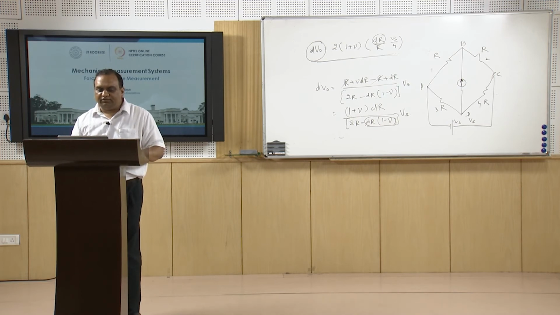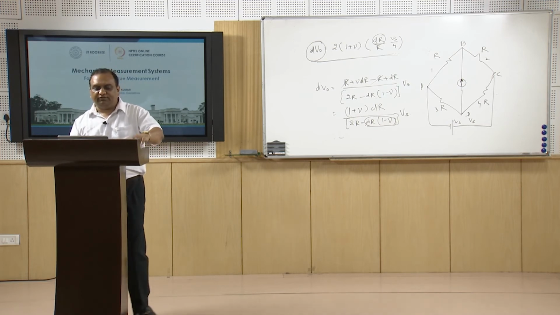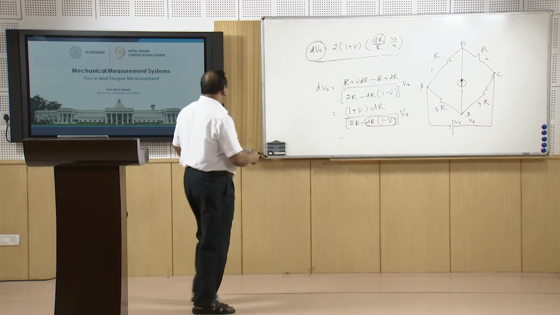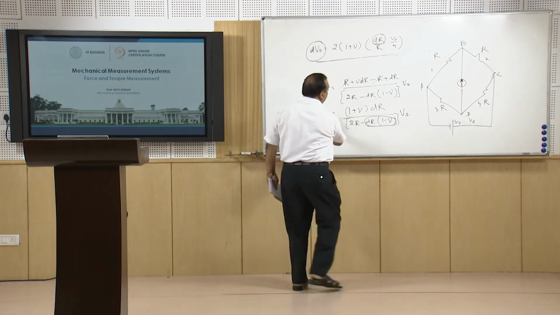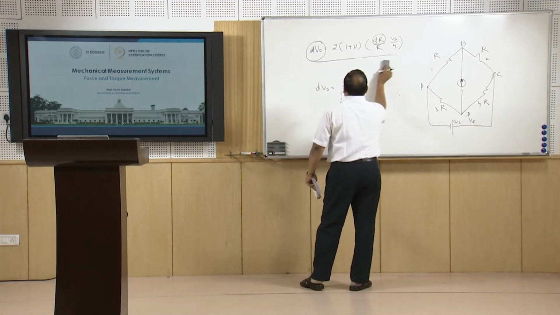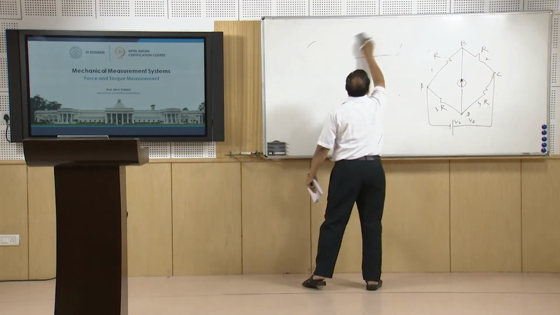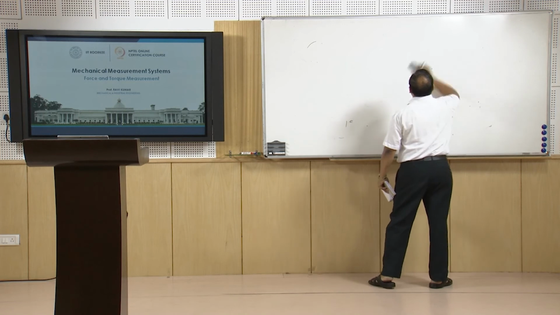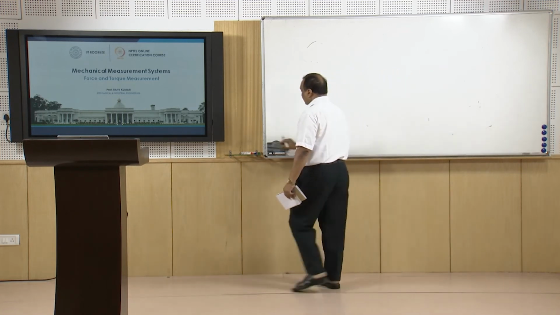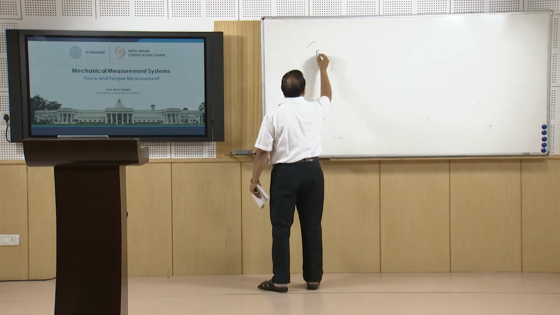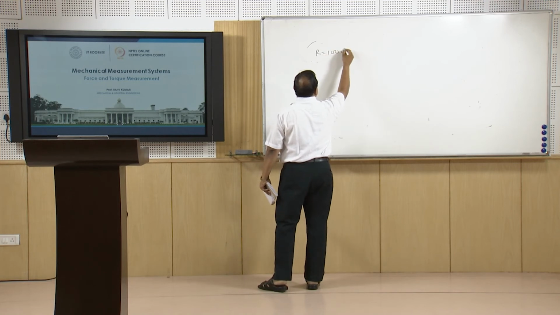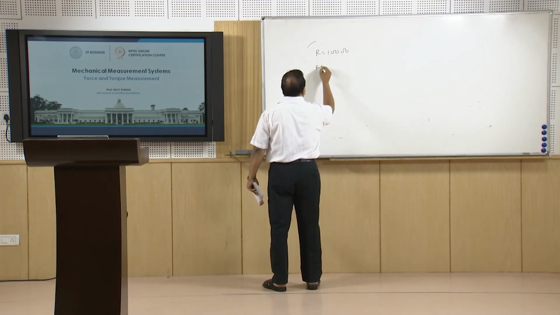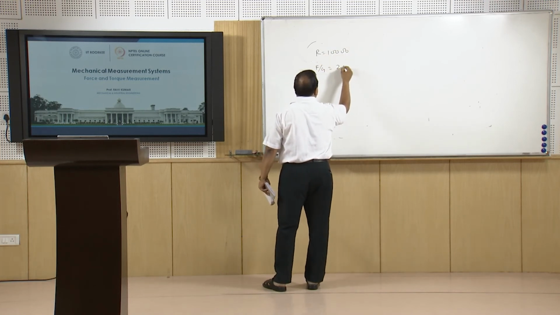For each gauge, the nominal resistance R is 100 ohm and gauge factor F or G is 2.0.